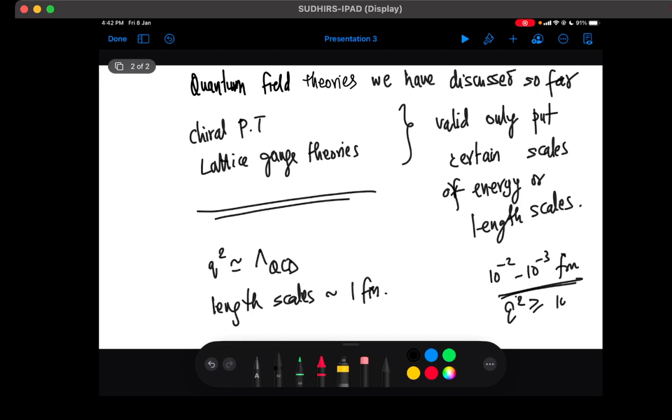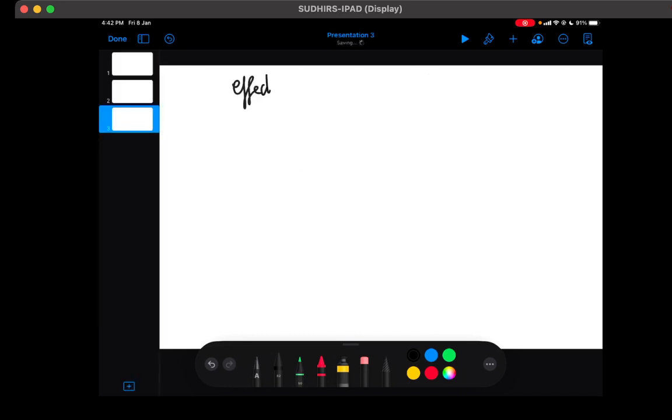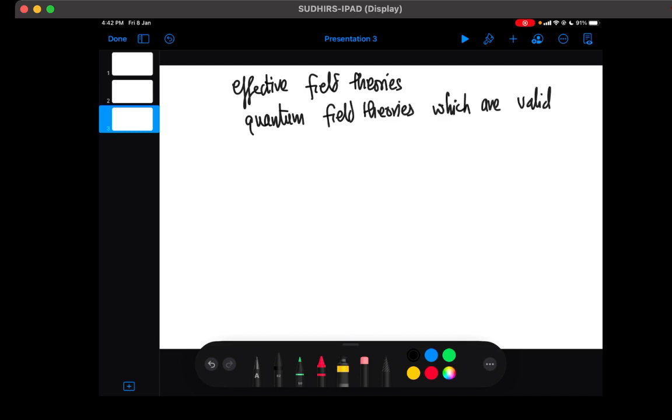Such kind of field theories are called effective field theories. These are quantum field theories which are valid only up to certain scales.